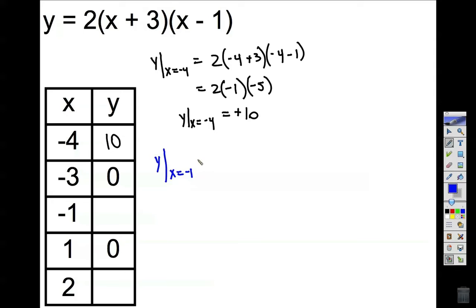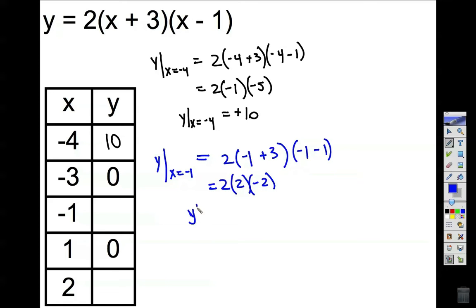Alright, now that you found that out, 2 times -1 plus 3 times -1 minus 1. That's 2 times 2 times -2. That is equal to -8.